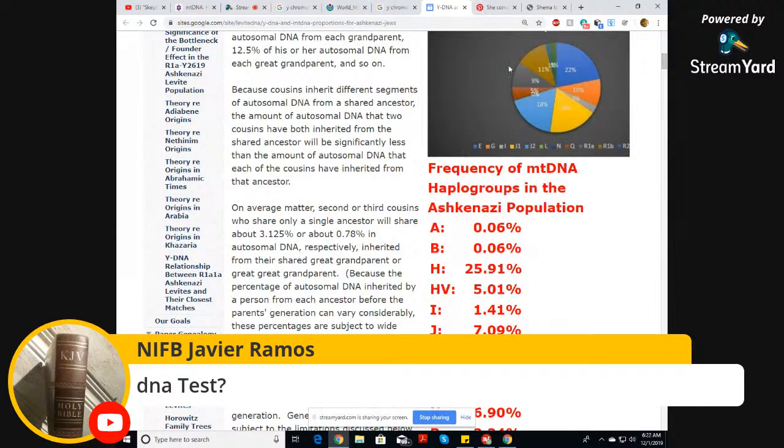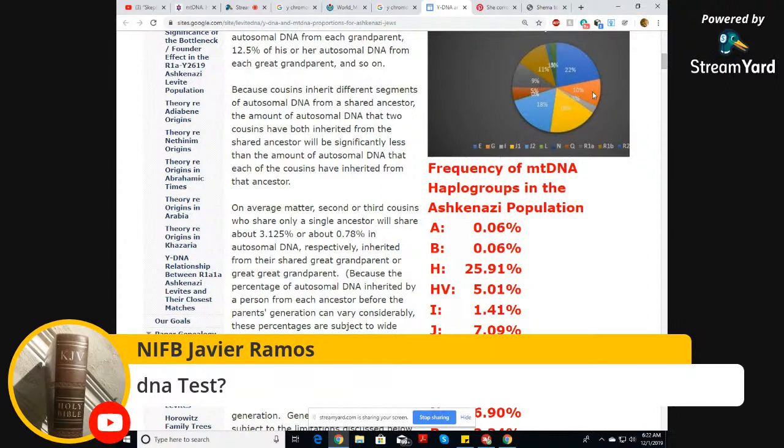So if you wanted to know whether or not you're an Israelite, descendant of Judah, or a descendant of Jacob, Israel, you would have to have J1, J2, and I, and I don't know if it's G, possibly G, but that might just be regular Semitic.